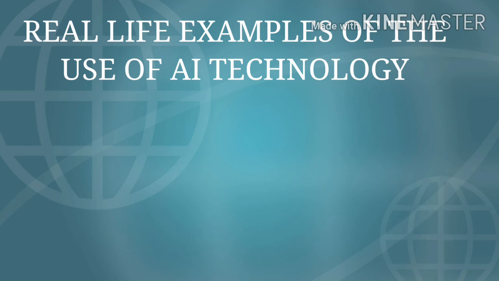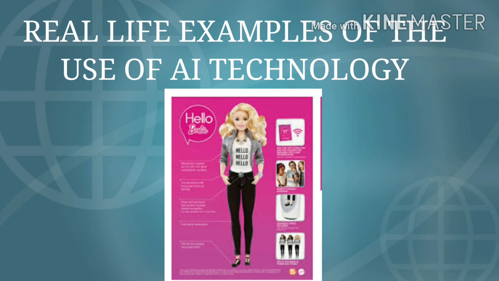The first one is Hello Barbie, which uses three concepts of AI: language processing, machine learning, and advanced analytics. It has a microphone in it. The microphone records what the child says, and from a set of preset dialogues it will respond.